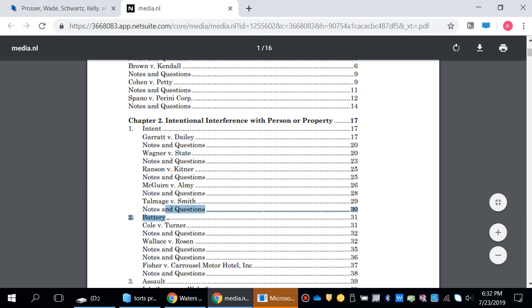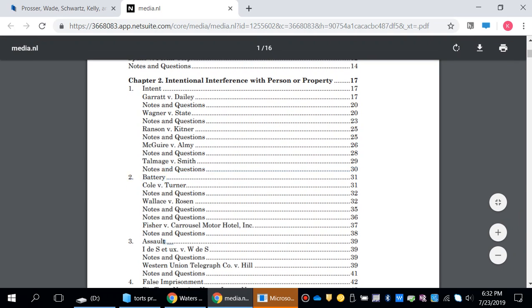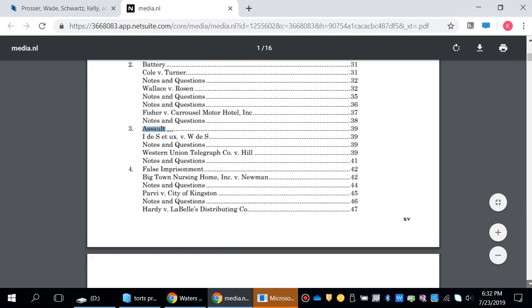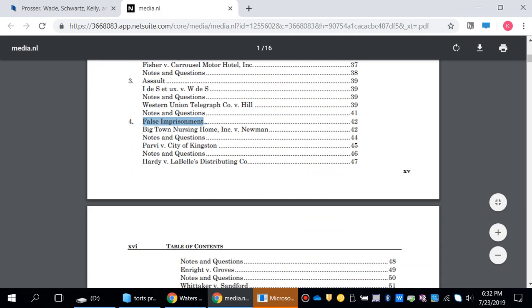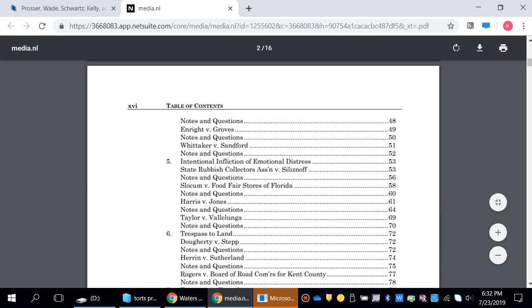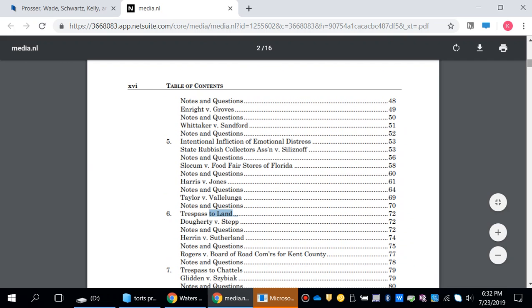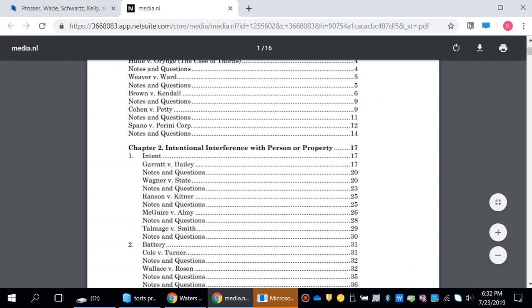And all of these torts, battery, assault, false imprisonment, you notice they're all under the same topic. They are all under this broader topic of intentional interference with person or property.